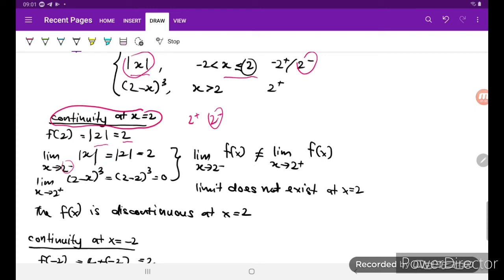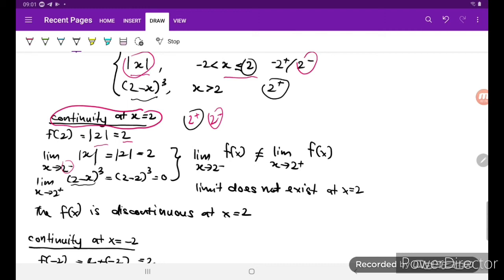And then we calculate the limit at 2 plus. Just now 2 minus, just now is 2 plus. Okay, so 2 plus we use this formula, 2 minus x to the power of 3. So we substitute 2 minus 2 is 0. 0 to the power of 3 is 0.